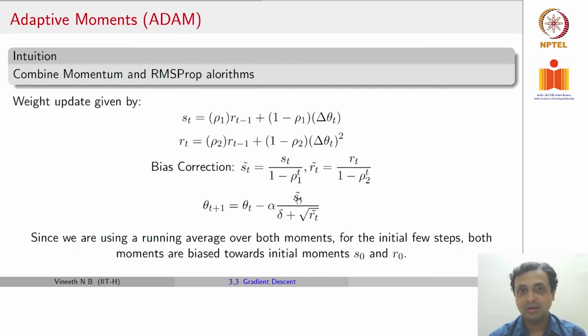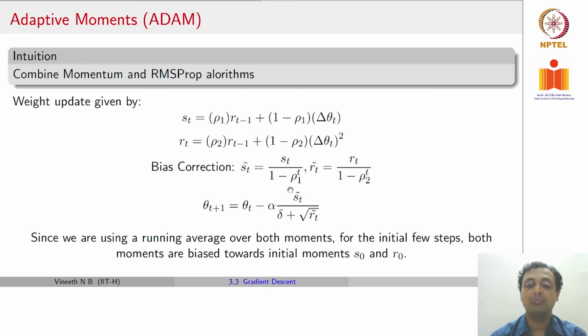ST would have been the current gradient in Adagrad and RMSProp, but now ST is the running sum of the gradient. And what is the running sum of the gradient? Momentum. Remember, momentum was what you use the previous gradient, so on and so forth, using momentum term. Rho 1 is the momentum coefficient for us in this particular context. That's why Adam can be looked at as a combination of RMSProp and momentum.